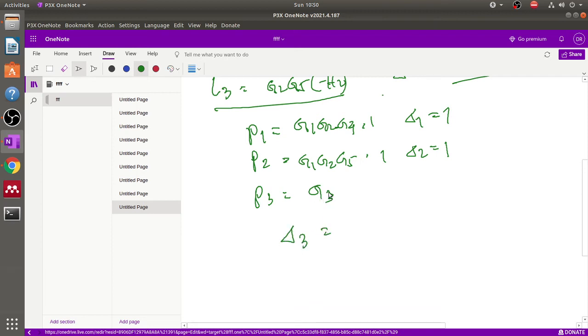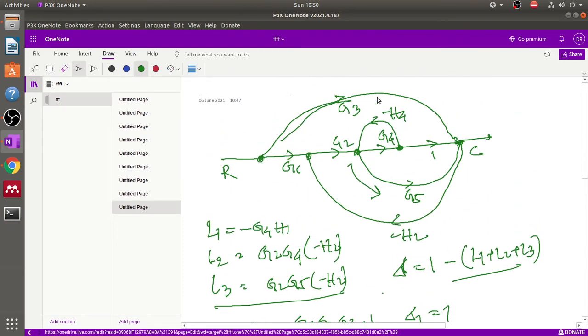Look here, students, when you follow this path G3, this loop is not touching, because this larger loop G2 G4 1 into H2 touches at this node, but between these two nodes there is one loop created and this loop is non-touching.